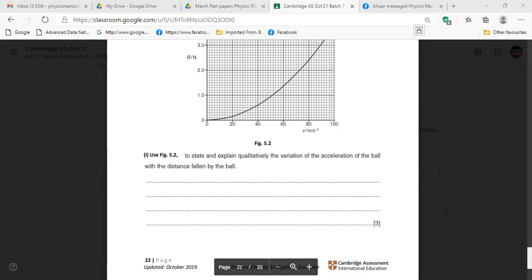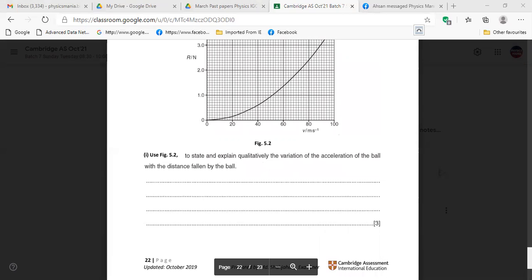Yes, sir. So one thing here, what you said, acceleration decreases, you got 1 mark for it. And besides, you have to include those two points I said, like R increases with velocity.